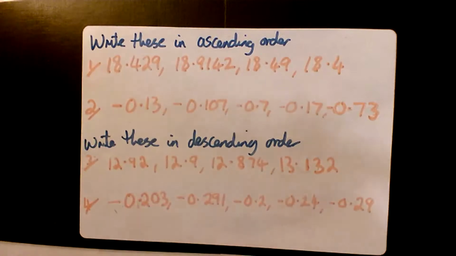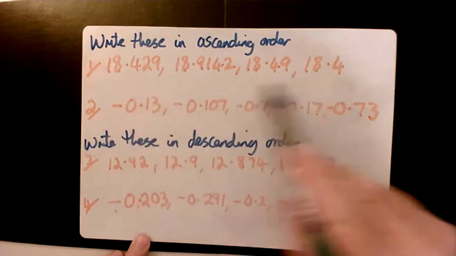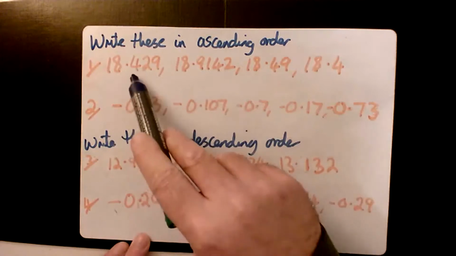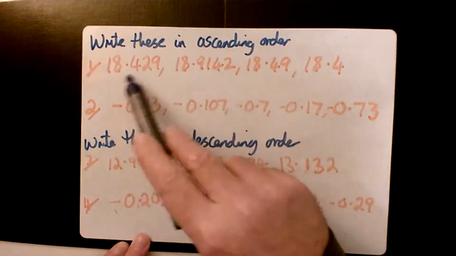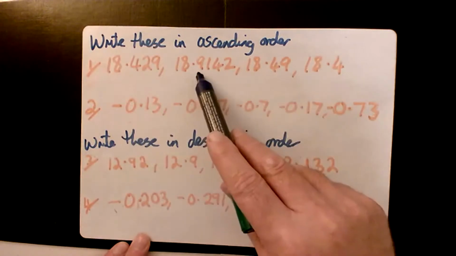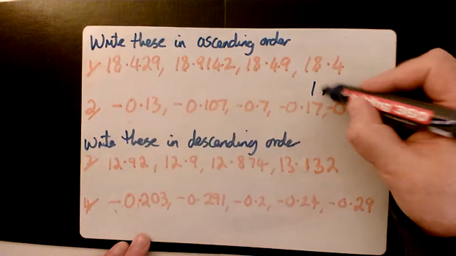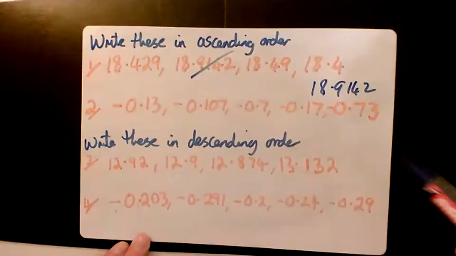Right, let's have a little look. Ascending order means we're going from the smallest to the biggest, isn't it? They've all got 18 on them. So then we go with the tenths. There's an 18.9, so straight away I can see 18.9 is the biggest. I'll put that in there, 18.91, 42, and cross that off.